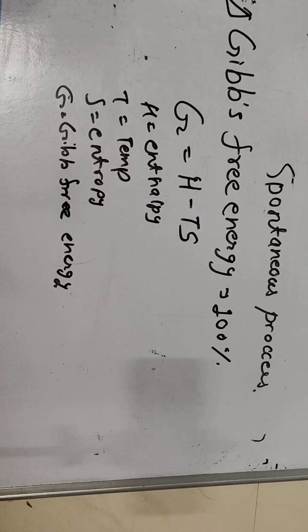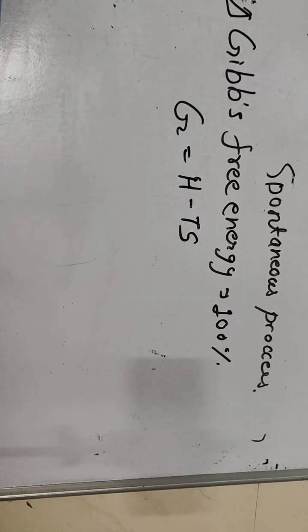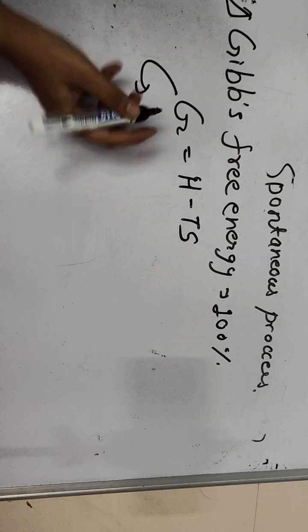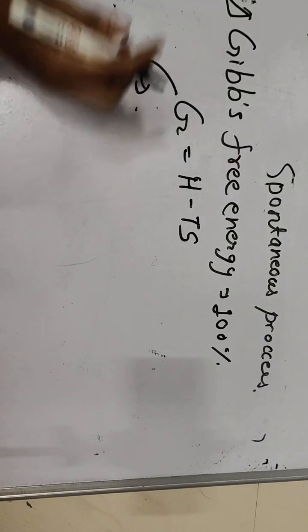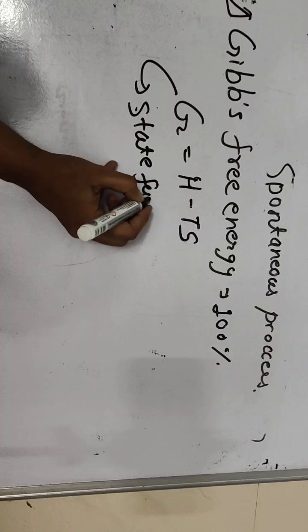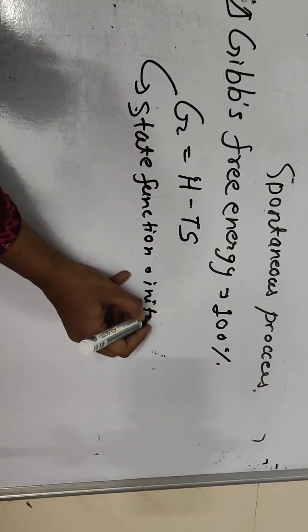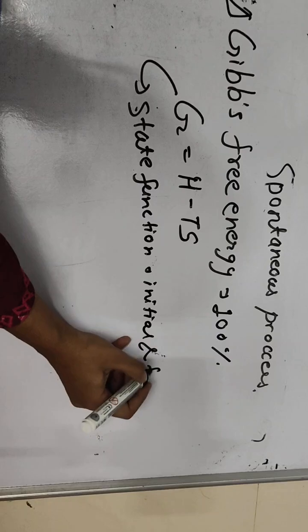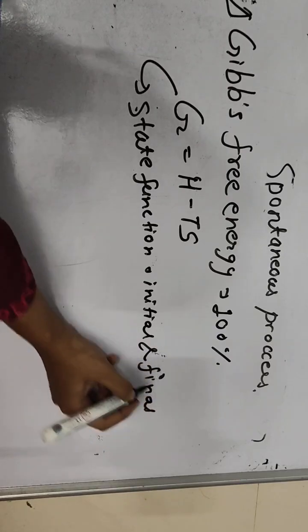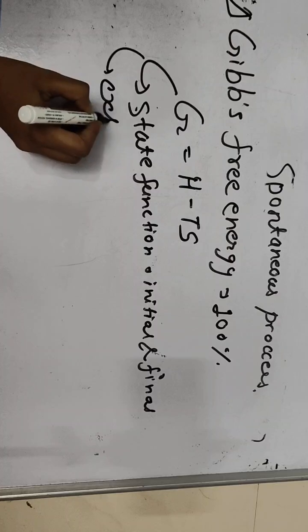So let's see something about the G. G is basically a state function. State function means it depends only on the initial and the final state, not on the path which it is taking. And the second is it is an intensive property.